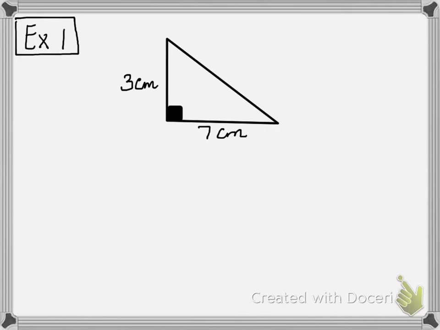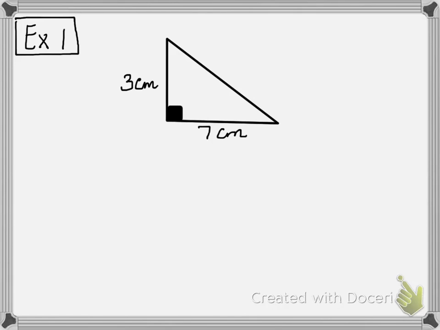We have 3 centimeters and 7 centimeters. We're talking about lengths here, guys, so there are always going to be labels for units. The first thing that I like to do when I'm asked to use the Pythagorean theorem to solve for a missing side is to label my sides a, b, and c. So a is going to be either 3 or 7.